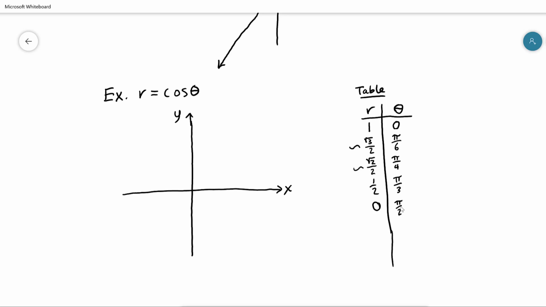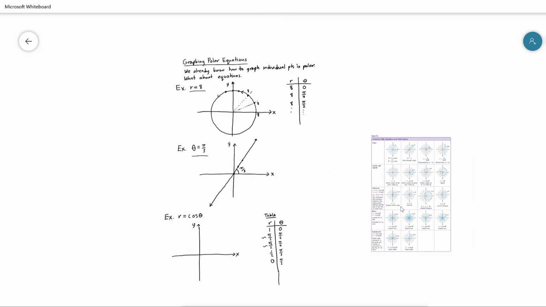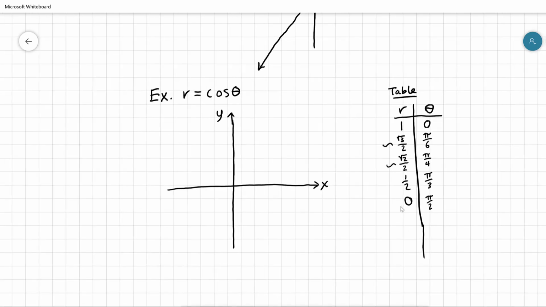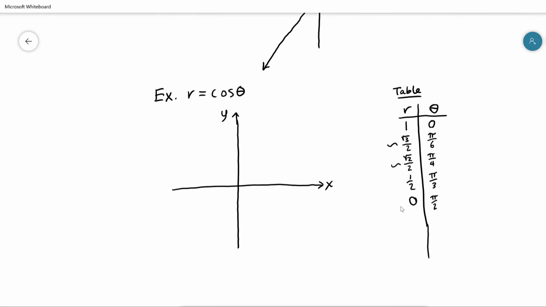So if we divide that by 2, that puts us at about 0.85-ish, somewhere in that ballpark. Root 2 over 2, root 2 is about 1.4. If I divide that by 2, we should get about 0.7-ish. And obviously 1/2, 0.5. That one's pretty easy.